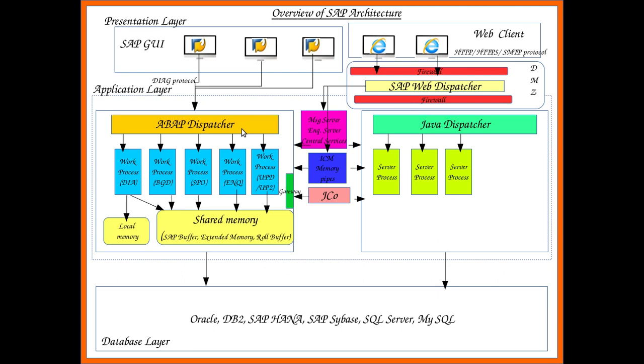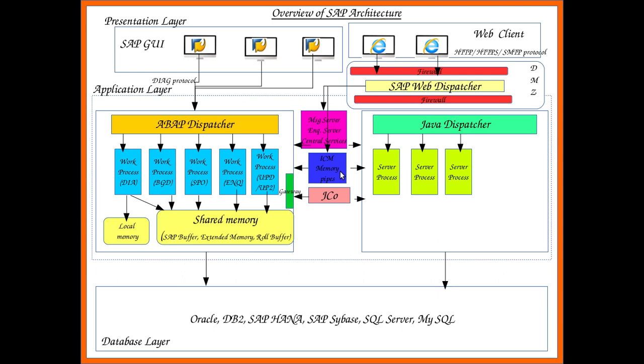Okay, the SAP Web Dispatcher also works as a reverse proxy and a load balancer, because it has all the visibility of the applications from the message server. It is directly connected with the message server, so it has visibility of every instance. So the SAP Web Dispatcher forwards the request to the ICM, the Internet Communication Manager, for the particular application server.